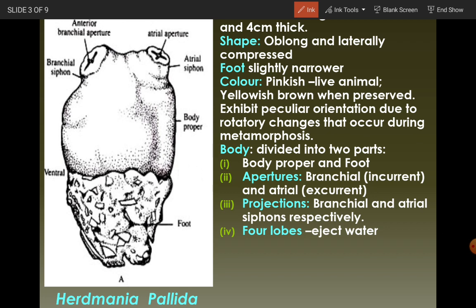It measures about 1.5 centimeters, is directed upwards, and leads to the excurrent opening, that is the atrial aperture. Both are guarded by these four lobes, which control the movement of water in and out of the body of Herdmania.